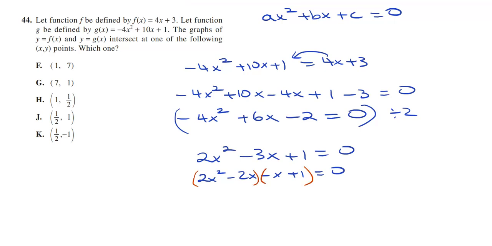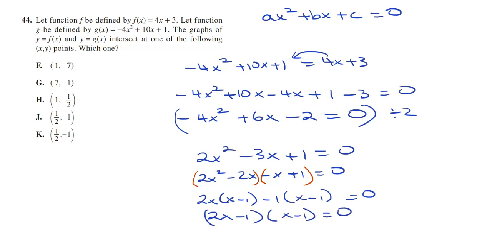So now we have 2x times x minus 1, minus 1 times x minus 1 equal to 0. So 2x minus 1 and then x minus 1 equal to 0. So 2x minus 1 is 0, x equal to 1 half. x minus 1 is 0, x equal to 1.